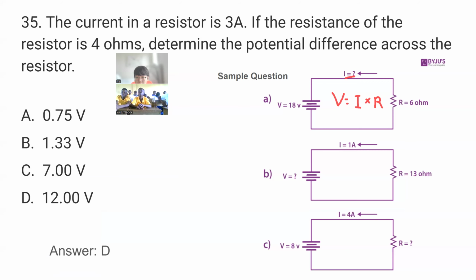If you find the current, if you find what the I is. Can anyone tell me what I is for this? For A? The voltage is 18.